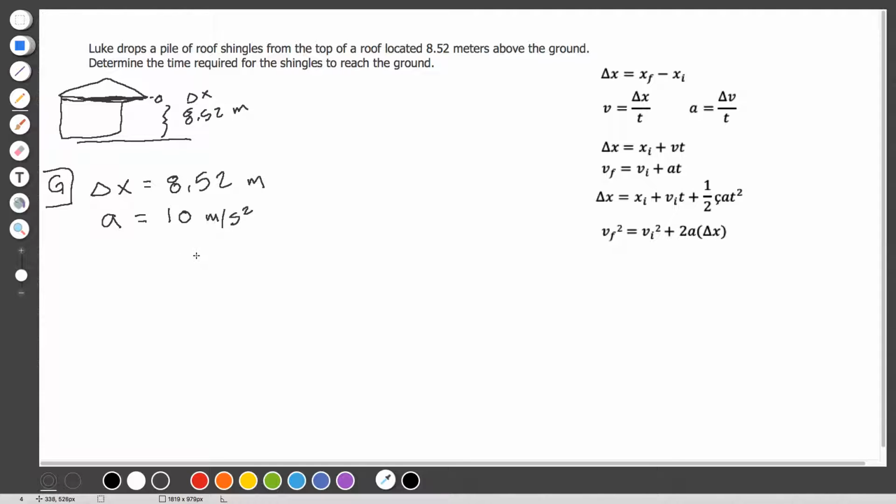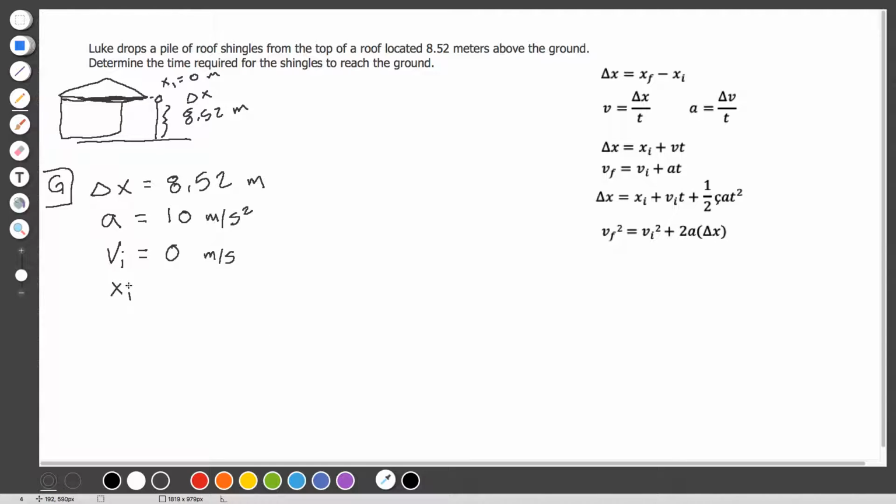Well, we assume that the pile of roof shingles, right before they started falling, were in Luke's hand and their initial velocity was 0 meters per second. And to make this easier for us, let's say that x initial equals 0 meters.